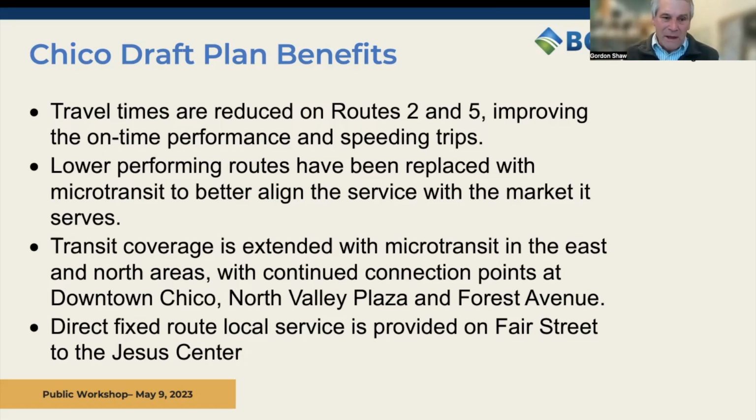We think that the microtransit service better fits the market in those outlying areas. It actually provides greater service to more people who are not right along those routes. And then we've got connection points, as I mentioned before, and then we've got direct fixed route service on Fair Street to the Jesus Center.